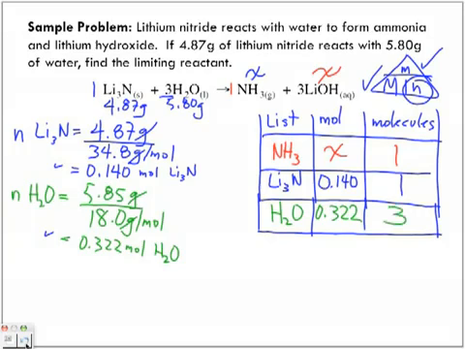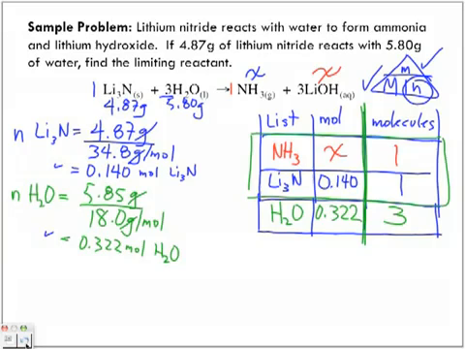So now, remember what we said? We use the table and we separate the mole to molecule to find our ratio of moles. But now we have 3 of them. So what do we do? Well, let's find this first: the number of moles that we're going to create of ammonia if we're using that many moles of lithium nitride.